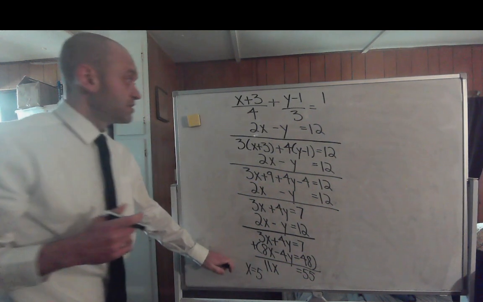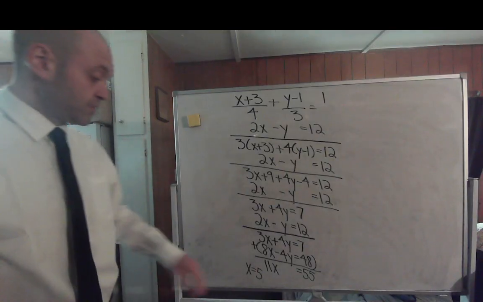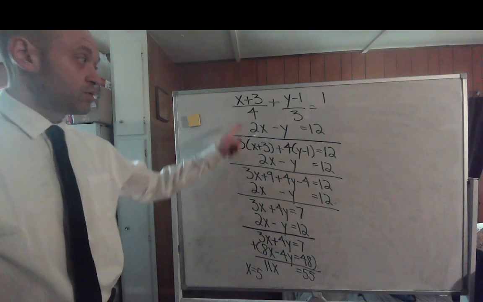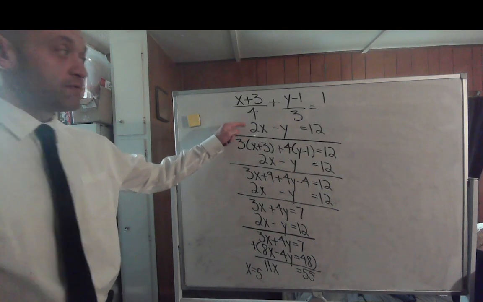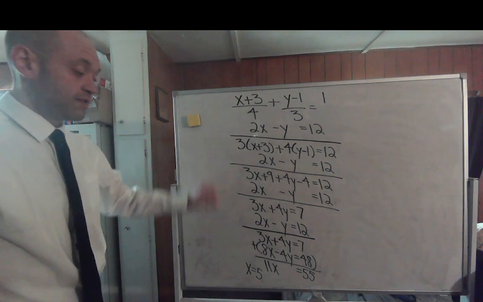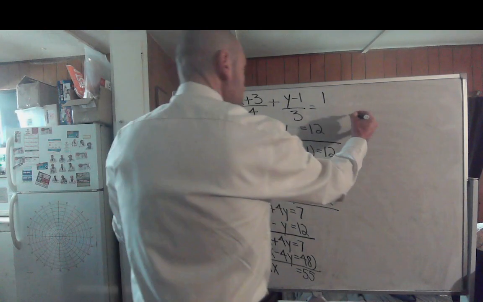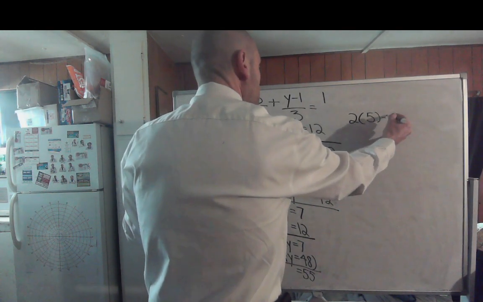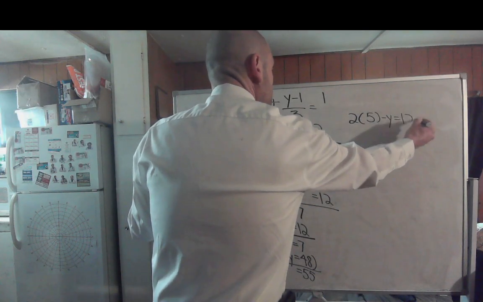All right, we found the value of x. Now we need to find y, stick it into one of these original equations, and solve for y. I'm going to vote for the bottom one since we don't have any fractions. So that means 2 times 5 minus y equals 12.